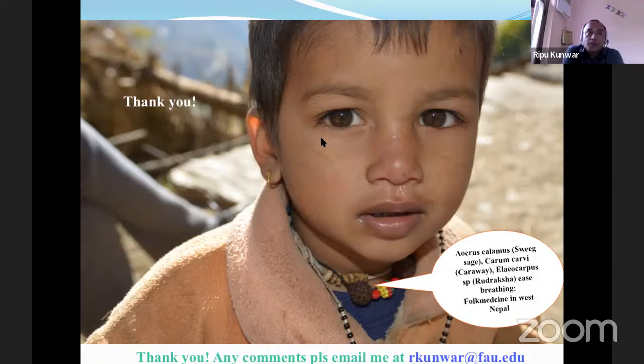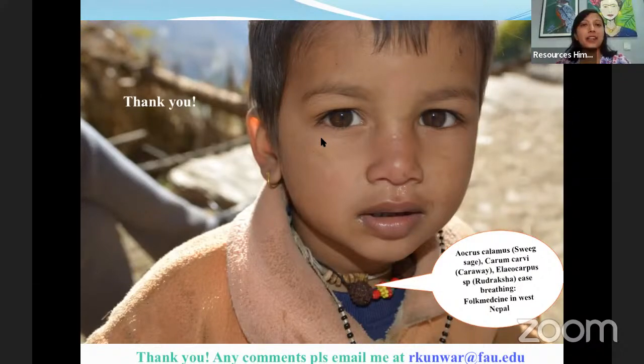That could help with patenting or any claim we can make for the country, and that could help bring economic return to the country, Nepal.